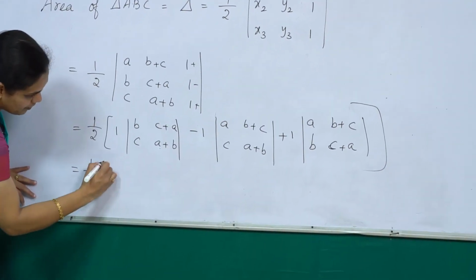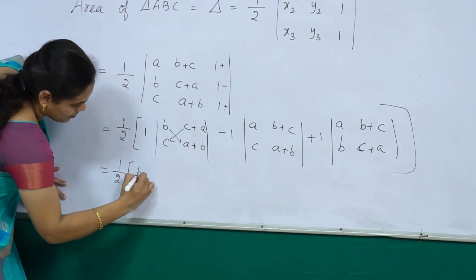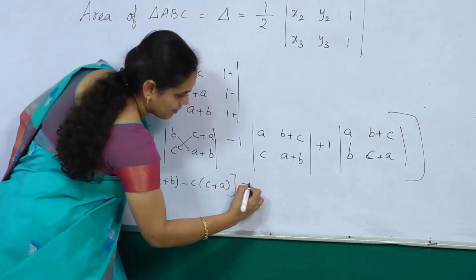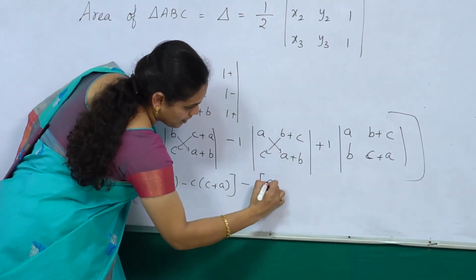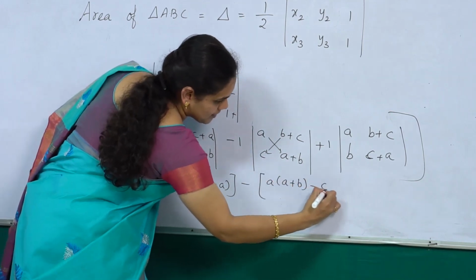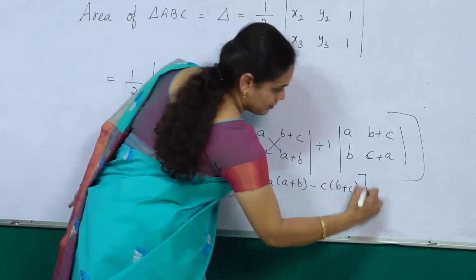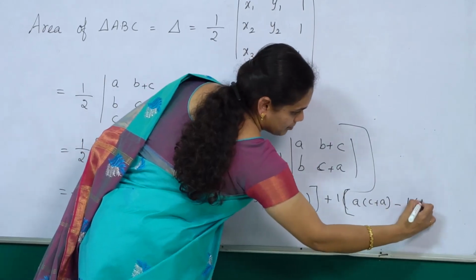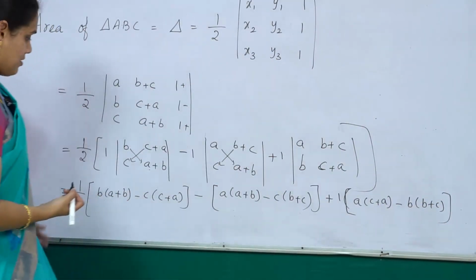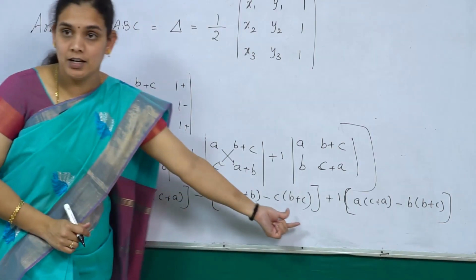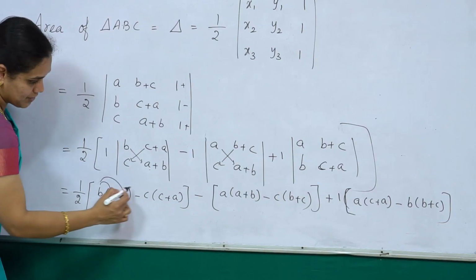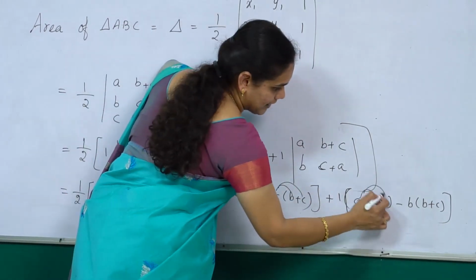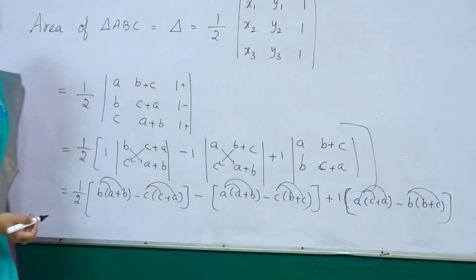Let's expand this. So we get half into B into A plus B minus C into C plus A. Then minus, if you multiply like this, A into A plus B minus C into B plus C. Then plus 1 into A into C plus A minus B into B plus C. I am sure if we expand this and multiply the letters inside, it will all get cancelled.